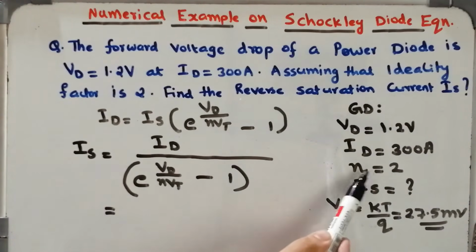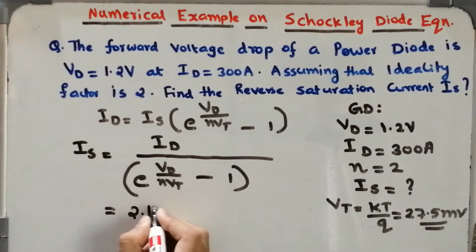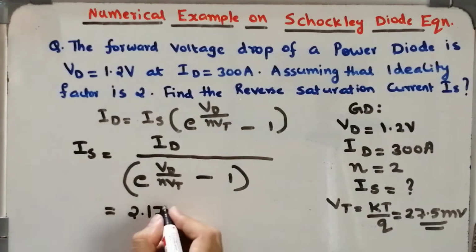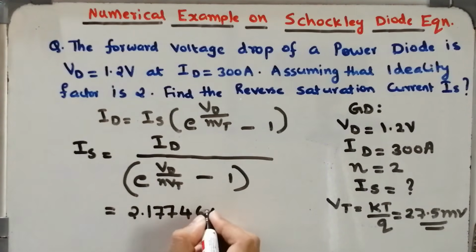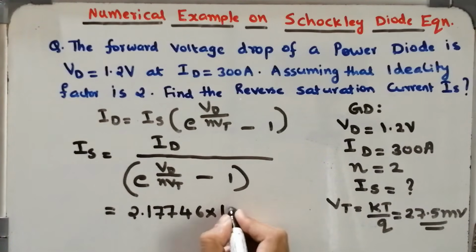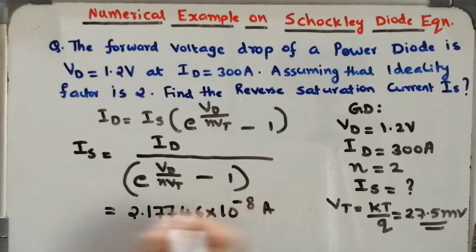N is given in the question, N is equal to 2, the ideality factor. Vt we have already computed. Then you can substitute, and finally you are expected to get Is equal to 2.17746 into 10 to the power minus 8 ampere. This much of reverse saturation current flows through the power diode.